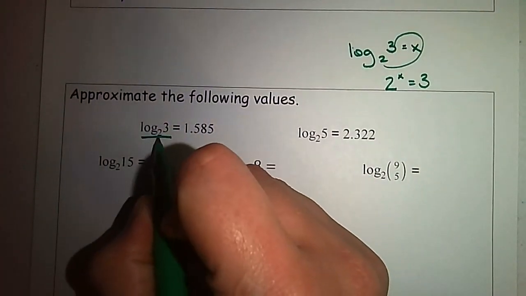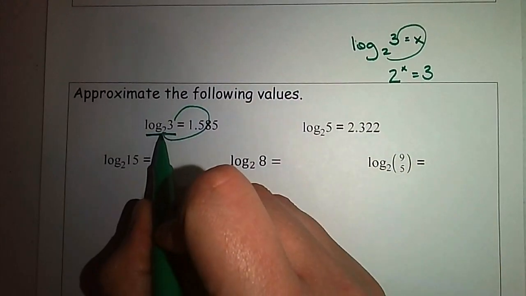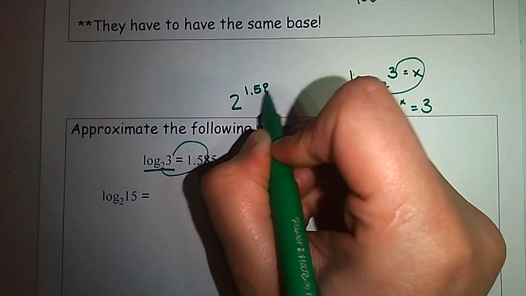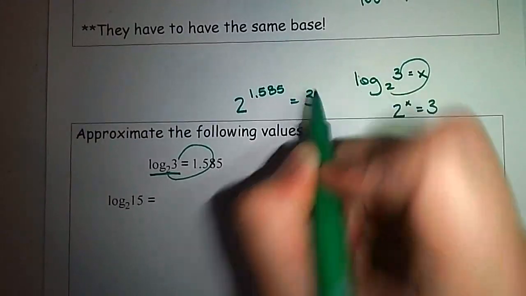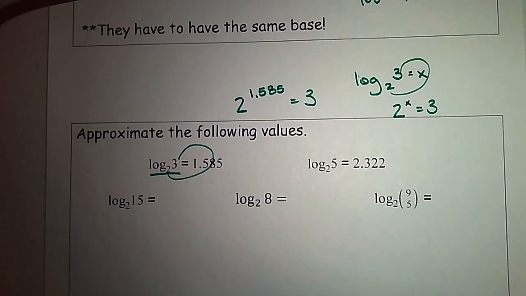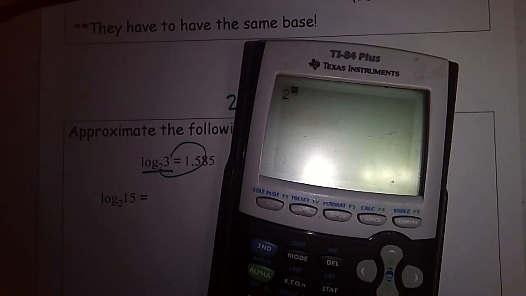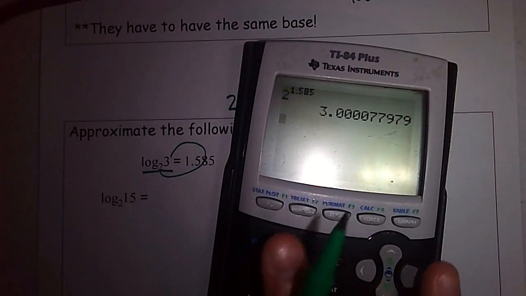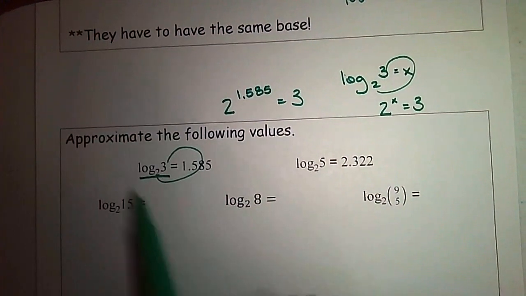If I get this in exponential form, this is saying 2 to the power of 1.585 equals 3. And I can type this into my calculator to prove it. 2 to the power of 1.585 equals pretty dang close to 3. Okay, so this is what this information is telling you.